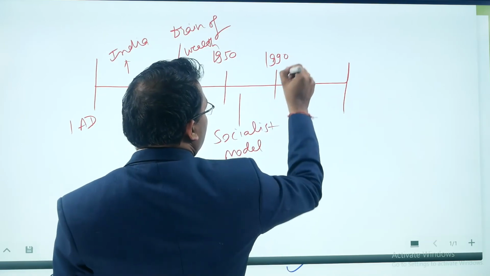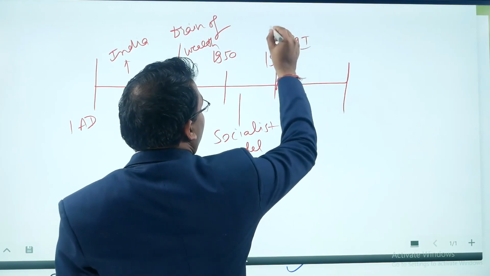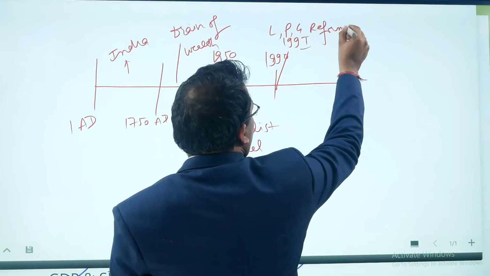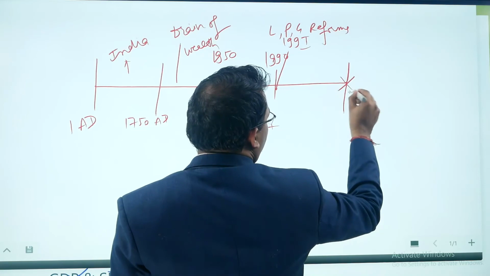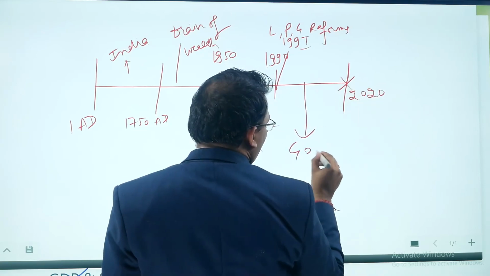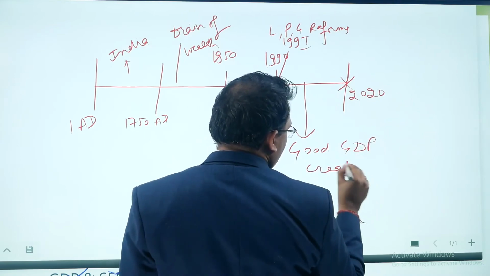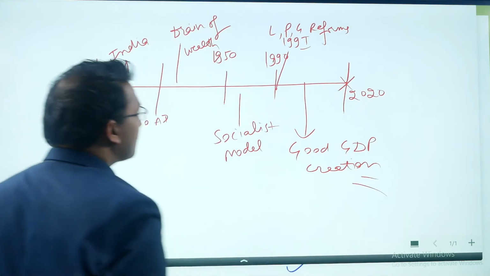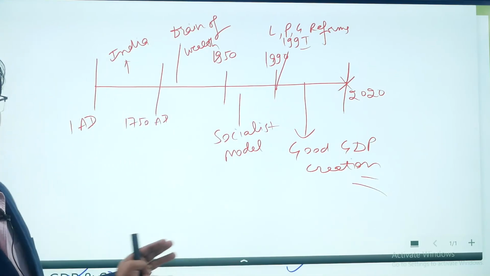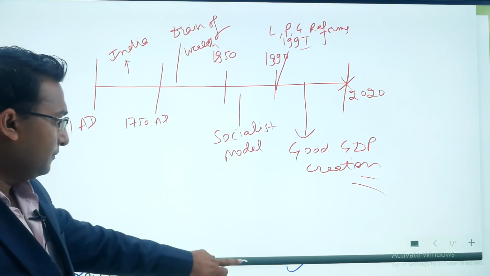In 1991, we opened our economy through the liberalization, privatization and globalization reforms. And now we are in 2020. So in these 30 years, there has been a good level of GDP or wealth creation. Right? This is the brief timeline that I wanted to indicate to you.